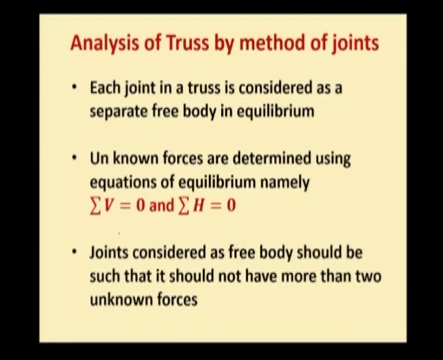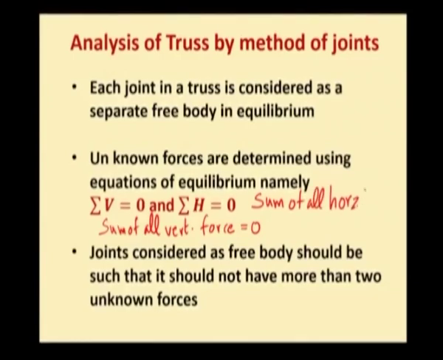Sigma V equal to 0 means the sum of all vertical forces at the joint will be 0, and sigma H equal to 0 means the sum of all horizontal forces at the joint will be equal to 0.